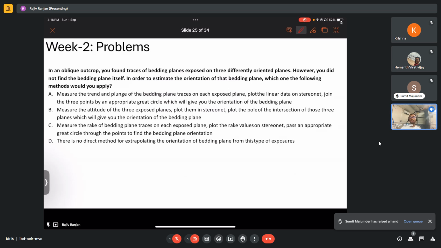You found traces of bedding planes exposed on three differently oriented planes. I'm just drawing it. Suppose you have outcrops like this from here, then something like this here. Again, you go somewhere and find something like this. You have traces of beds, and this is the bed you saw.